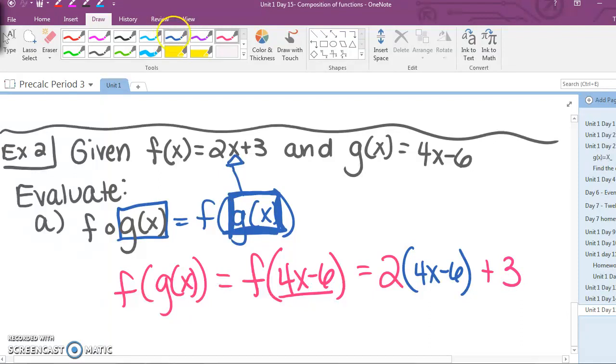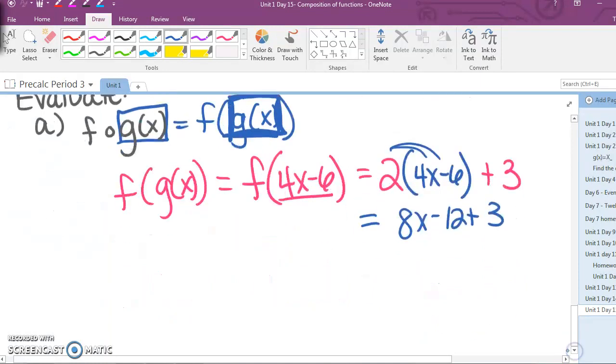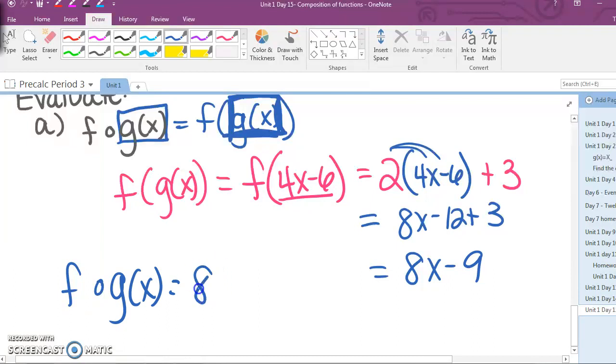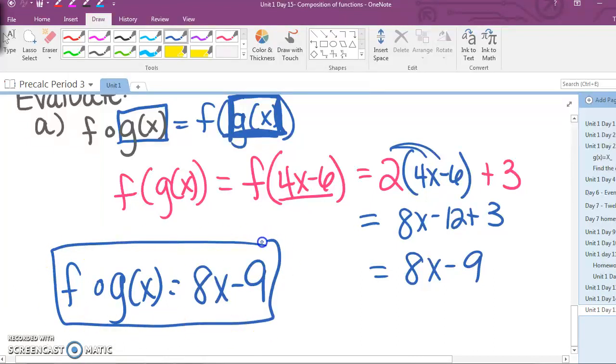And then I just combine like terms, I distribute if I need to. So to simplify, I distribute, I get 8x minus 12 plus 3. And then -12 plus 3 is -9, so it's 8x minus 9. So f of g of x equals 8x minus 9.